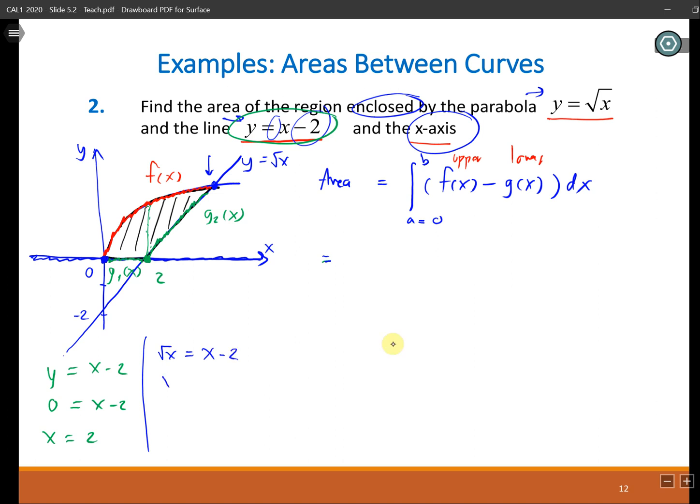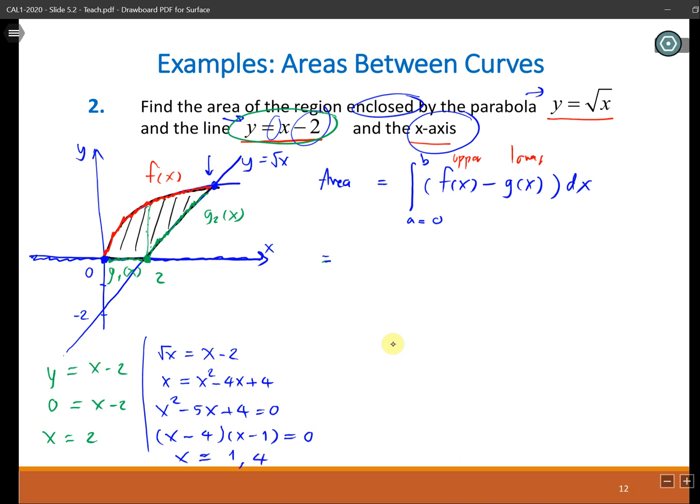So this becomes, let's square both sides, x equals x squared minus 4x plus 4. Move things around, you have x squared minus 5x plus 4 equal to 0. Factorization, (x minus 4)(x minus 1) equal to 0. And you can see that this equation is true when x equal to 1 and 4.